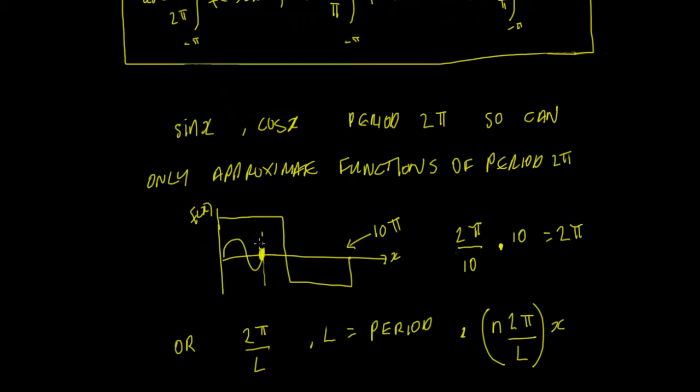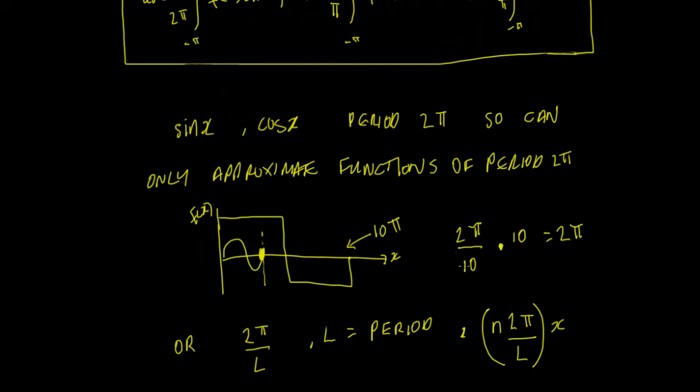So in effect we have to scale the axes in order to fit into that period. Let's say I have a period of 10 pi, then we'd have to scale that axis back to 2 pi, and we can do that by multiplying by 2 pi upon that period, the period of 10.